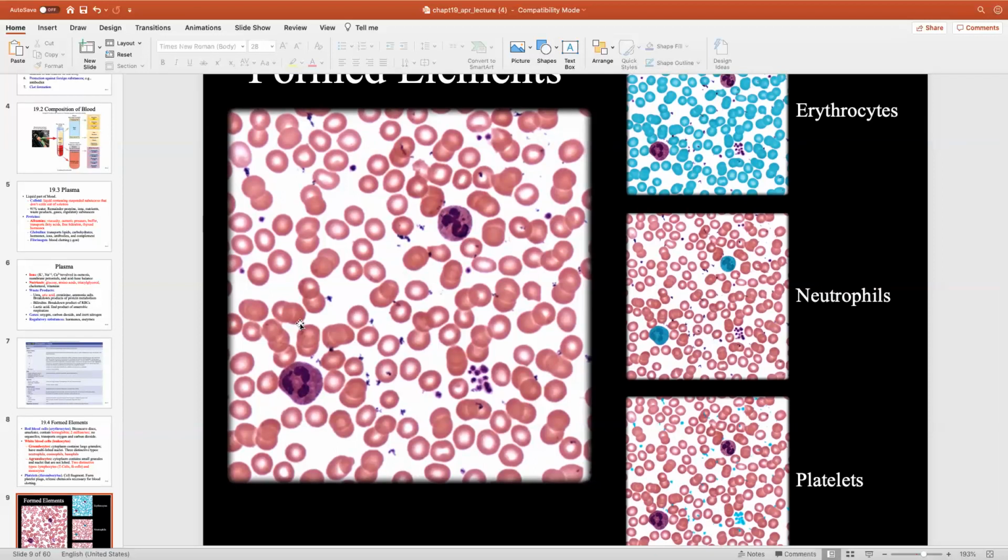Now what else do we see? All these little specks of purple right here are platelets. And those platelets are not real cells. They are fragments of cells, and those cells are found in our bone marrow. So when we need more platelets because we're bleeding, what happens?